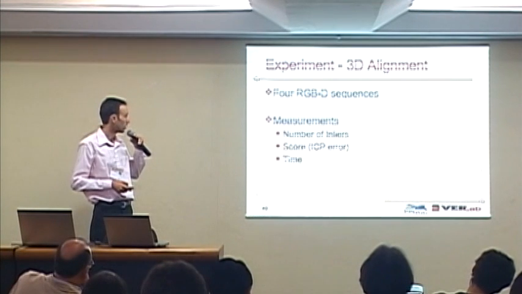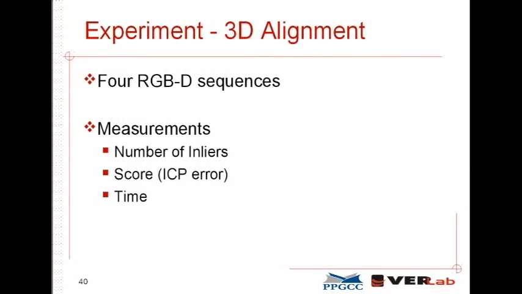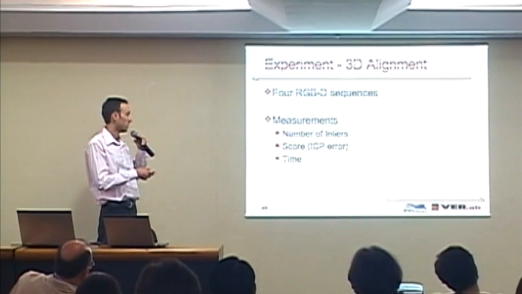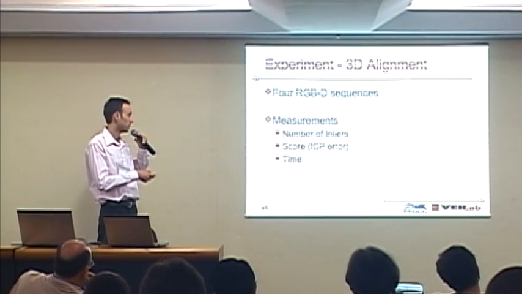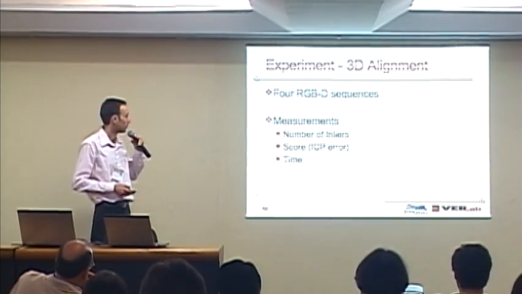estimation. So we built 4 RGBD sequences and measured the number of outliers returned by the coarse alignment step. We measured the score, the ICP error, and the time spent to align two clouds.